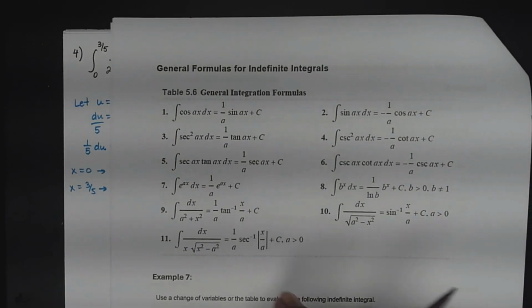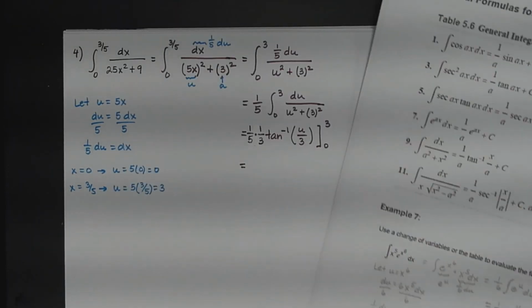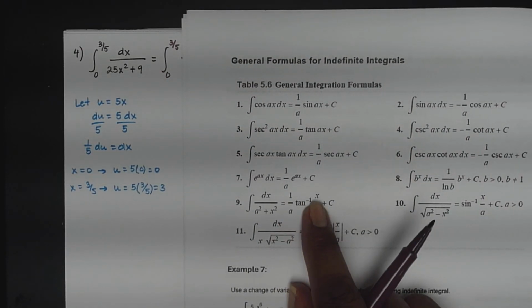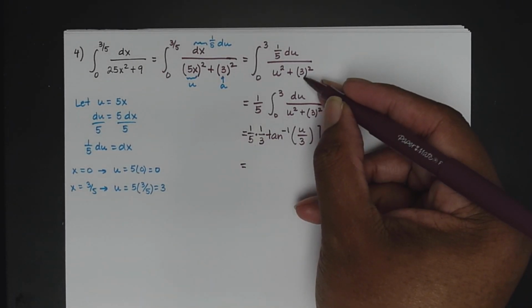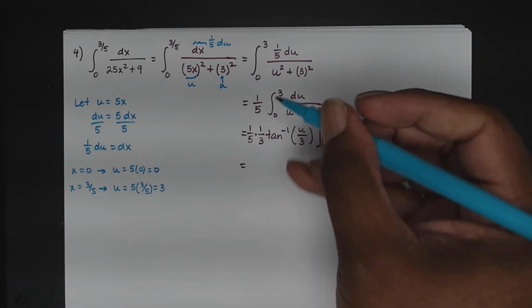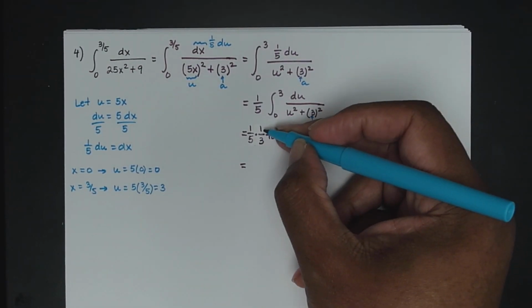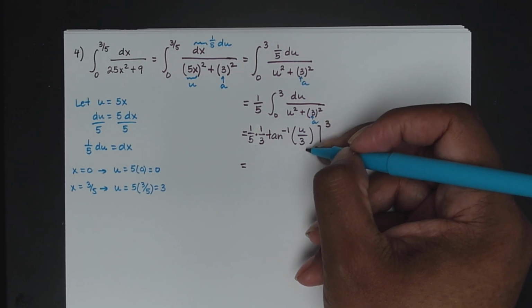Okay, so to deal with the inverse tangent, it's got 1 over a times the inverse tangent of x over a. And in this case, we're letting a be that 3 right here, because that's your a, and this is your a, so it's got to be 1 over a times the inverse tangent of x over a, or u over a in this case, which is your 3.